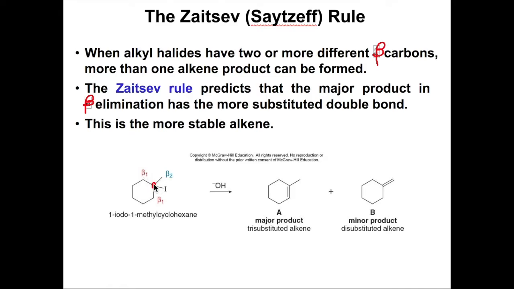So because I have my leaving group here, imagine I have that H available, so my alkoxide could come, then that will collapse and that will leave. So that will give me product A. Look, product A is the same if I have the double bond here, if I have the double bond there.